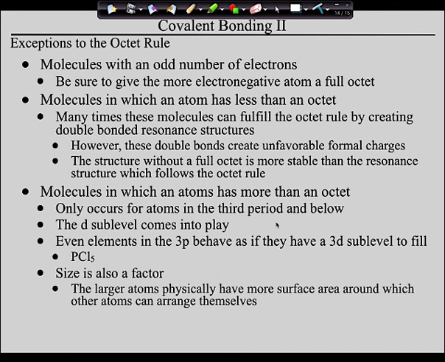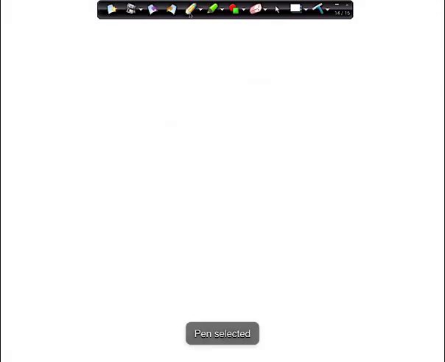We are going to talk about molecules where the central atom has 6 valence electrons, even 4 valence electrons, rather than the 8 that we thought they should have. An example of that would be something like aluminum trichloride. Aluminum trichloride is a molecule. It's not a salt.